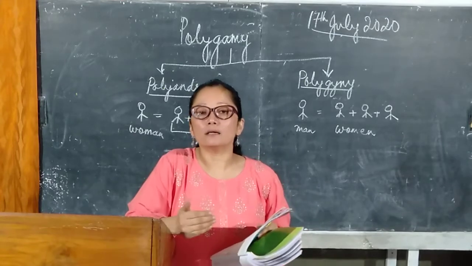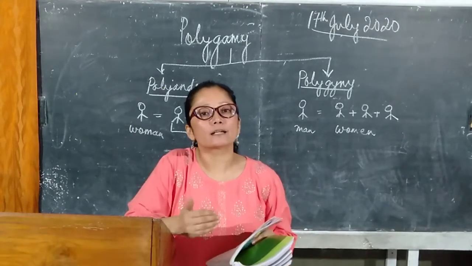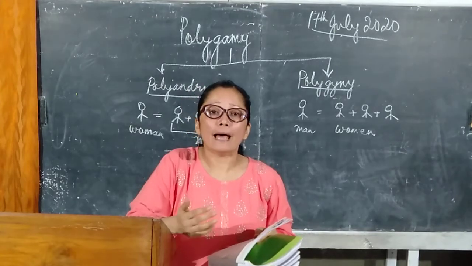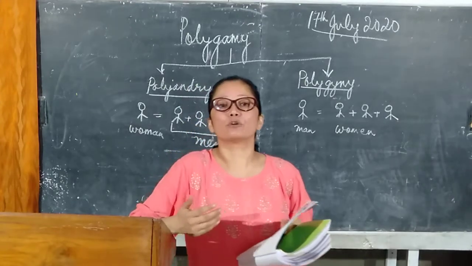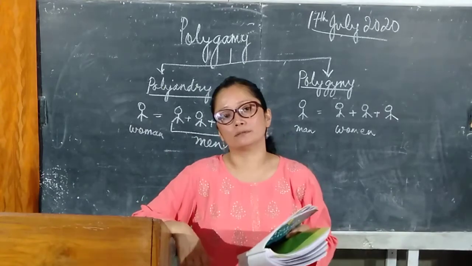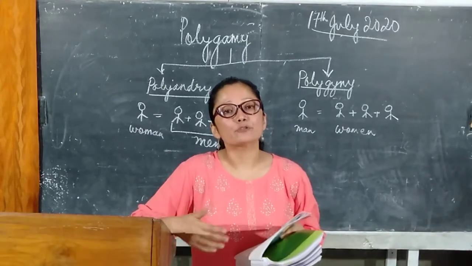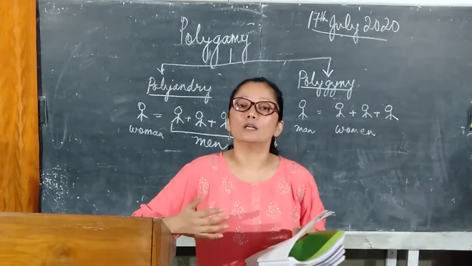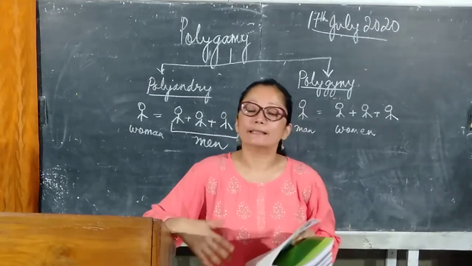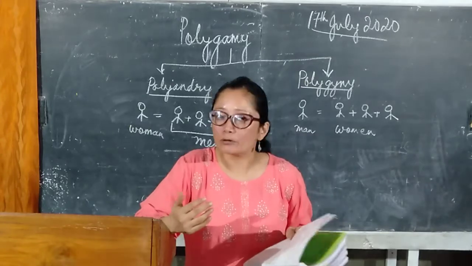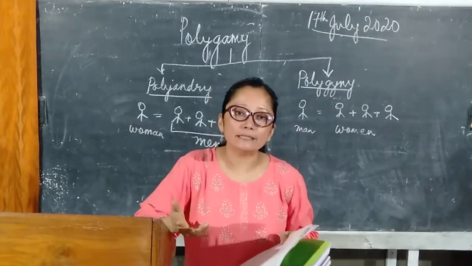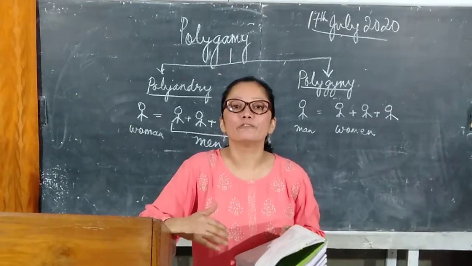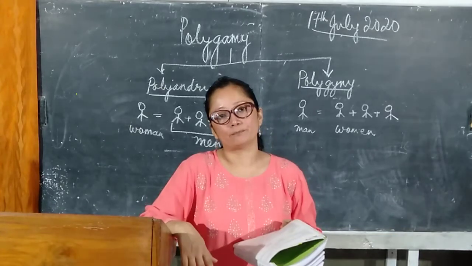But among the affluent, that is the rich and the famous, sometimes marrying more than one wife was also like a status symbol. Because you happen to have money, because you happen to have a lot of resources, therefore, if you had more than one wife, that naturally was a luxury which only few could afford.